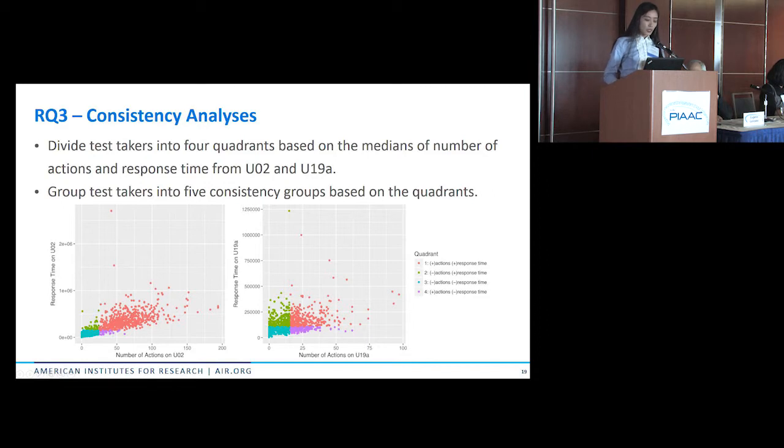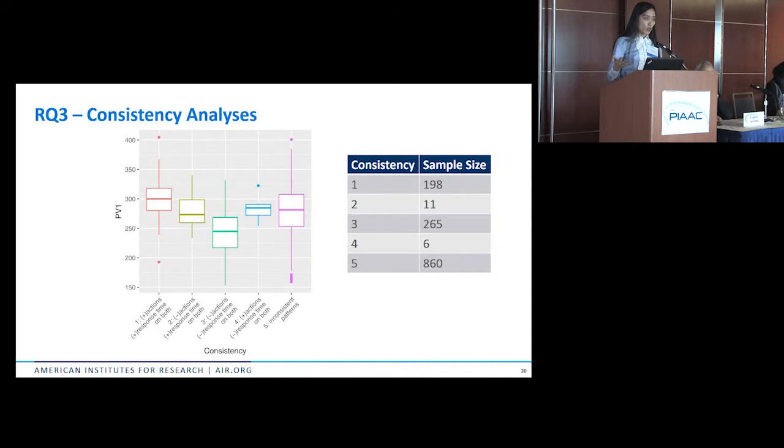Now, due to the concern of the sample size, we only look at consistency groups 1, 3, and 5 in this analysis. So 1 is if you spend a lot of actions and very long response time on it, which we consider a high effort.